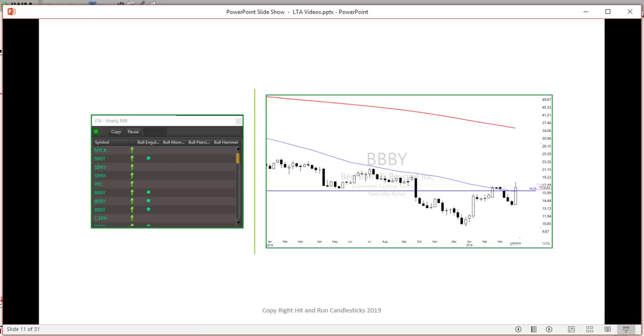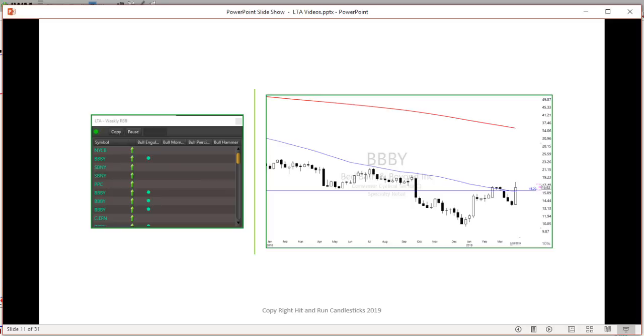You can do it on a weekly, daily, 4 hour, right on down to 1 minute. So if you wanted to look for RBBs on an hourly chart, all you've got to do is change this alert to hourly, and it will show you hourly RBB setups or any other strategy. Again, we're just talking about the RBB.